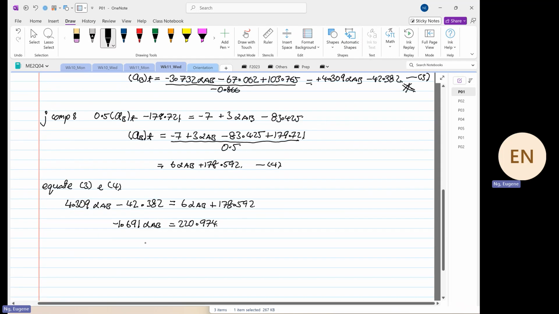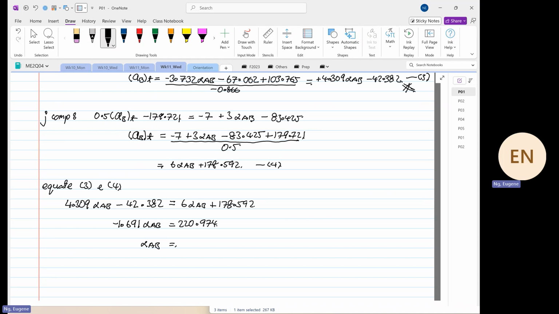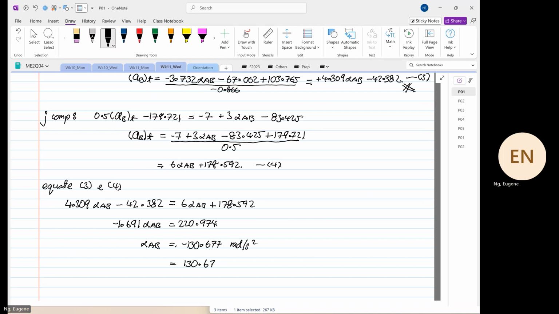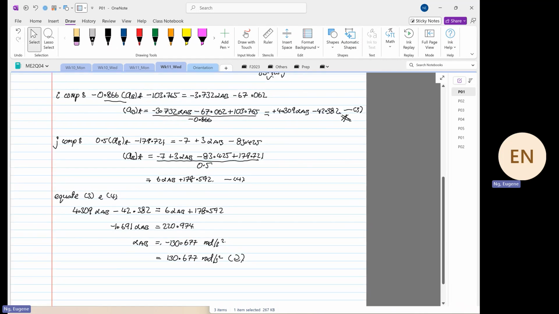And then finally, alpha AB will be equal to 220.974 divided by minus 1.691, which is minus 130.677 radians per second squared. The minus means our assumed direction was wrong. To make it positive, the correct direction is this way.